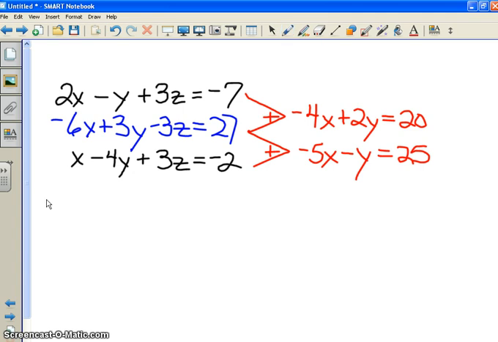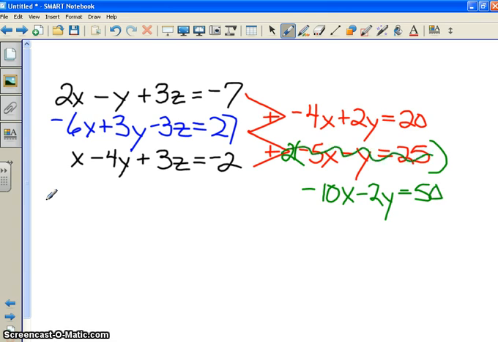So now I'm down to two equations with two variables. Now we need to get one of the variables to be the same. We could either change the x's into 20s or the y's into 2's. Changing y's into 2's is going to be much easier because we'll only have to multiply one time. So that will change us into negative 10x minus 2y equals 50.